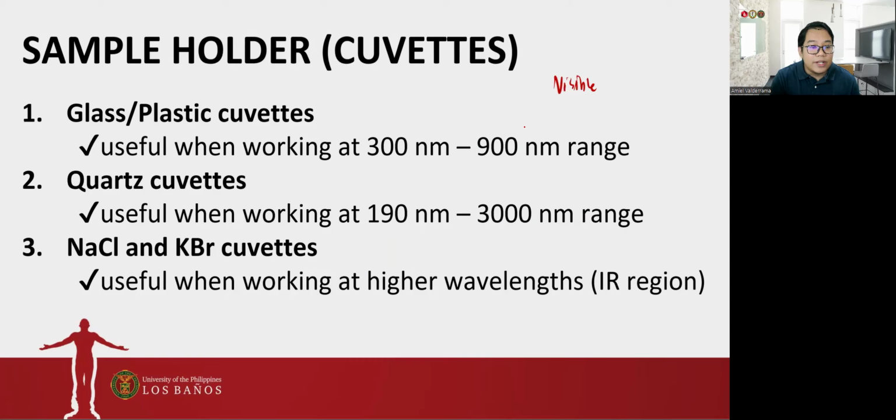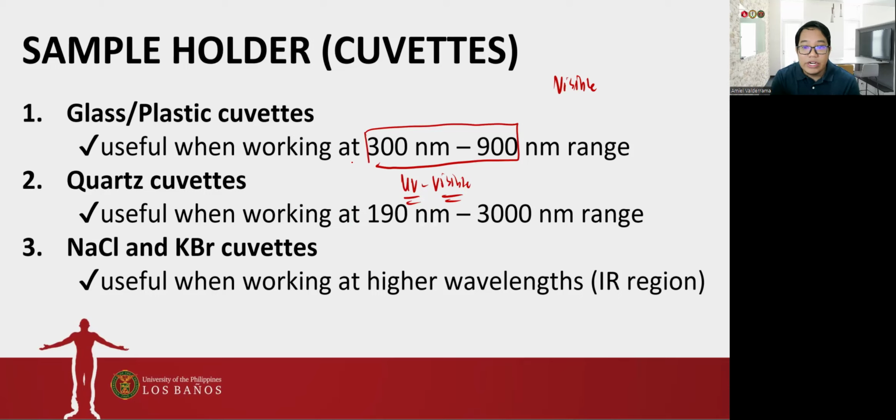So, for example, if we're going to use visible region na wavelength, sa pag-visible, ginagamit natin ay glass or plastic cuvette. Okay? Pero kapag gagamit tayo ng UV tsaka visible, pwede natin gamitin yung quartz. Okay? So again, kapag yung ating wavelength of interest is on the UV region, gumagamit na tayo ng quartz.